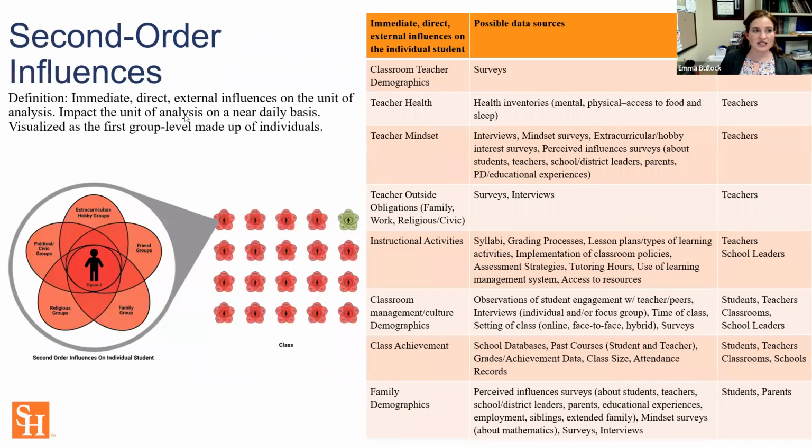Then if we look at our second order influences, right here, students could be a good place for us to gather information about classroom management or culture. They could also give us maybe some information about their class achievement. Also, they could give us some information about their family dynamics and that sort of thing. And I've got lists of possible things that you could ask them about here.